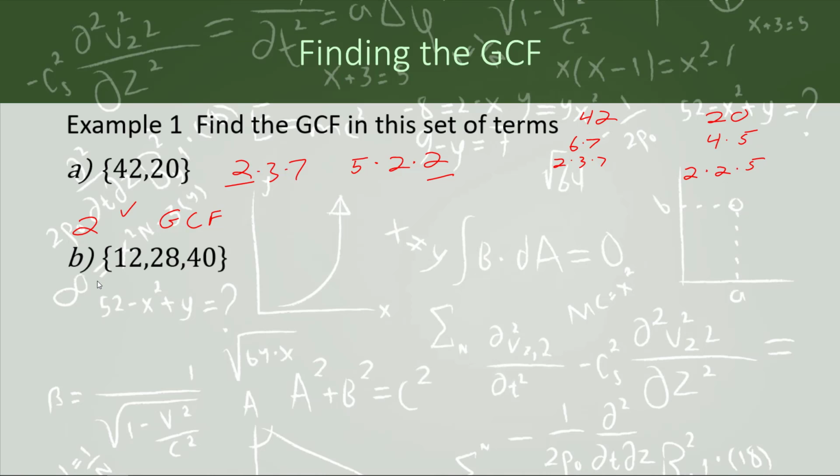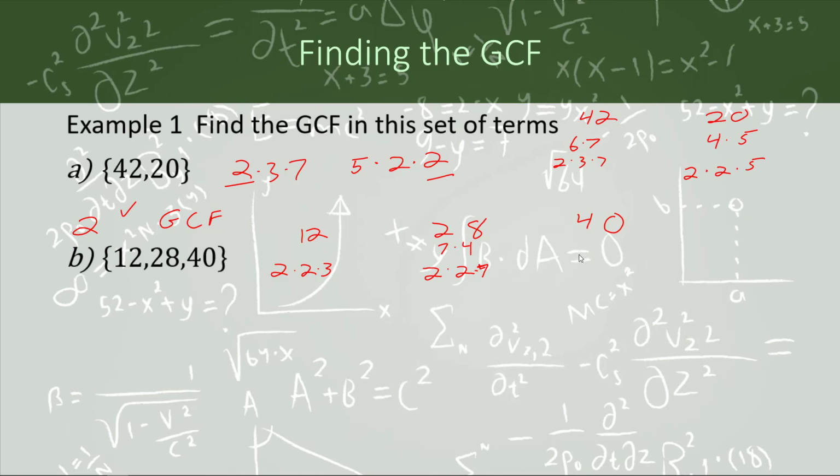Okay, what about B? Well, B is just a rather more elaborate version of A. Here we have 12, 28, and 40. Well, the prime factorization of 12 is 2 times 2 times 3. 28 is 4 times 7. 7 is a prime number. 4 can be factored into 2 times 2, times 7.